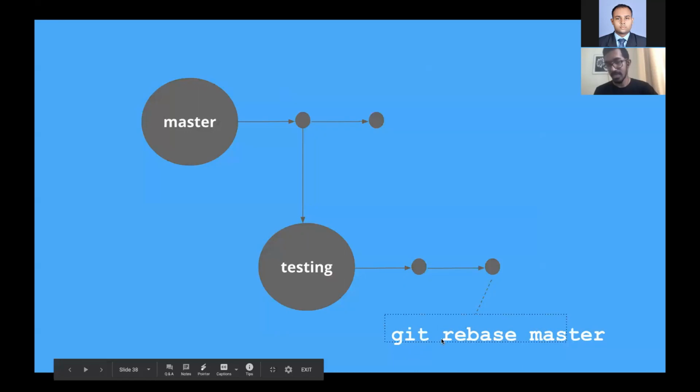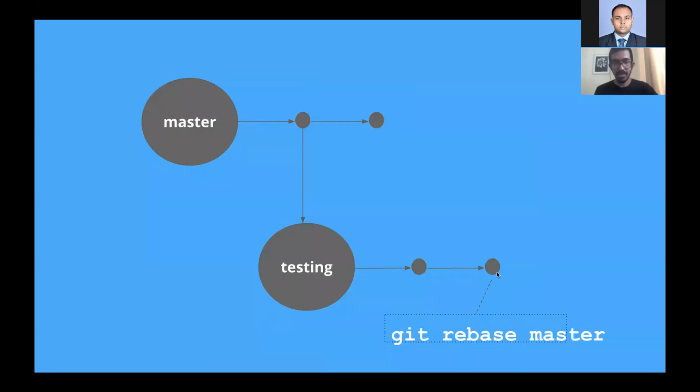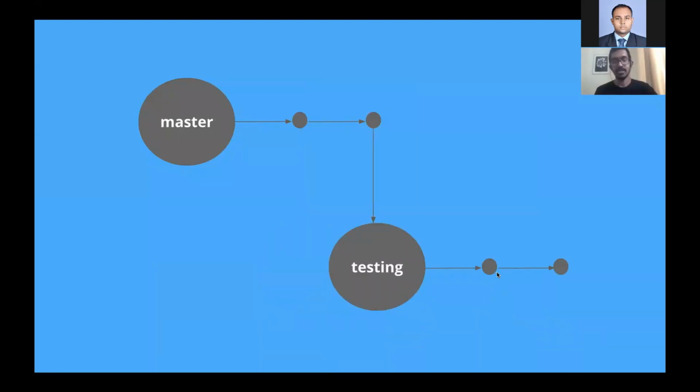When we run this rebase master command here, it arranges all the commits like this. Yes, it will show conflicts, but it arranges our commit history, the commit tree, like this.